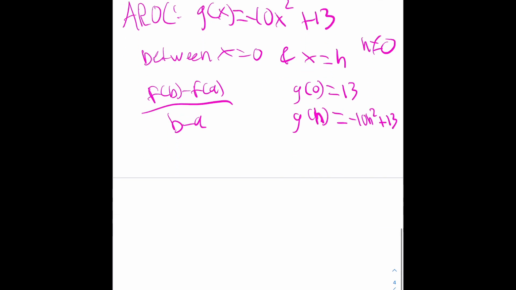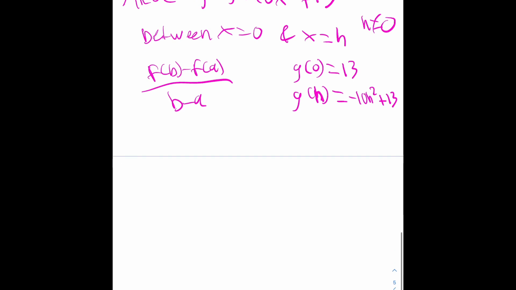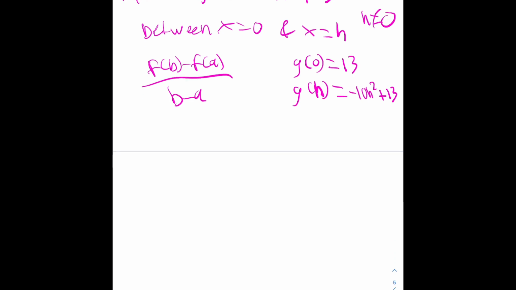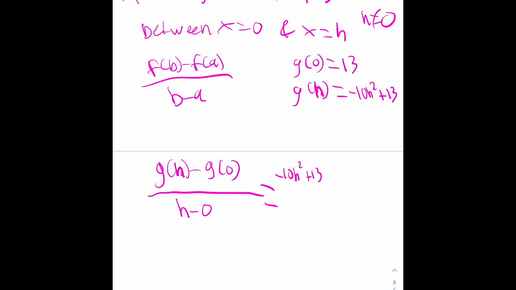All right, so now I have some data that I can plug in. So f of b, or g of h, minus g of 0 all over h minus 0. Negative 10h squared plus 13. Be careful because this negative would distribute, so if I had more than one term, I'd have to use parentheses. I don't. Over h minus 0.